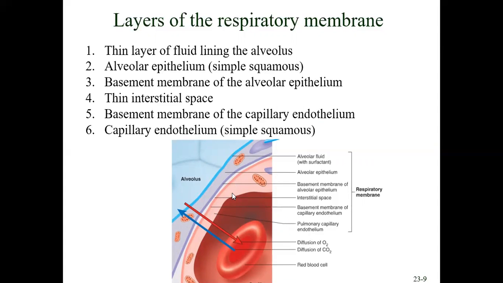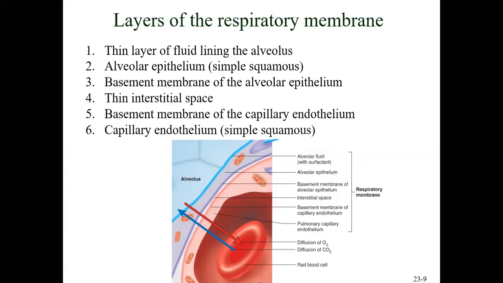And then you go through kind of the same scenario on the other side of the air sac, because if you remember, the capillaries are basically epithelial cells. So you have to go through that basement membrane that lines the epithelial cell of the capillary. And then you go through the actual capillary cell itself, which is another simple squamous type of epithelial.